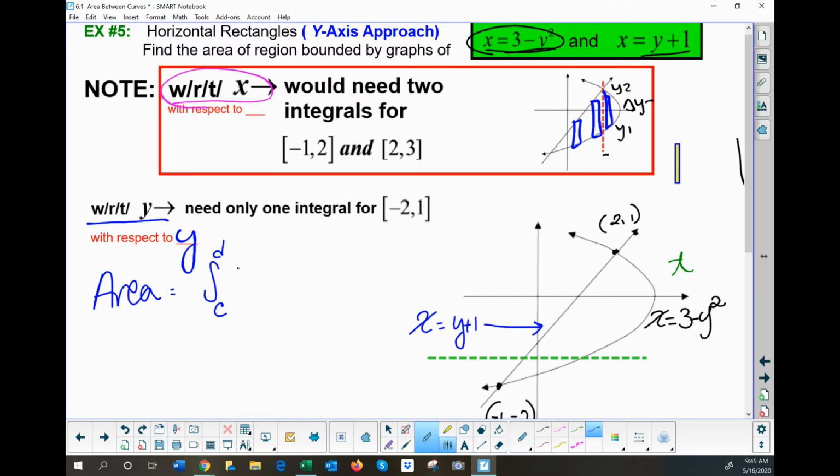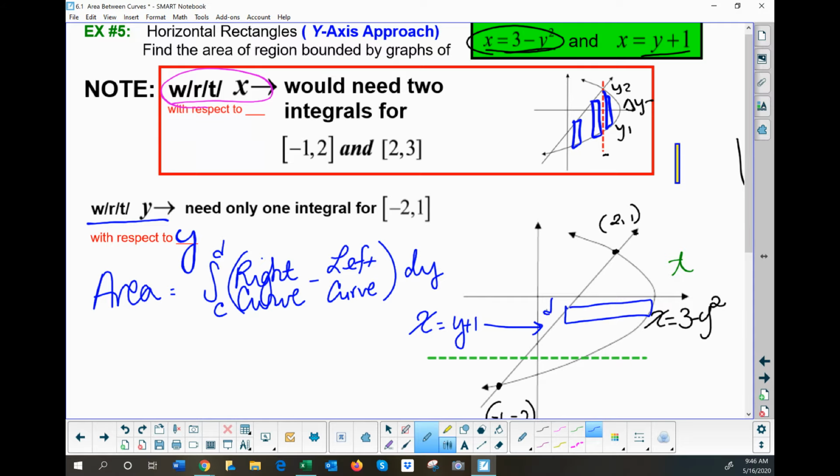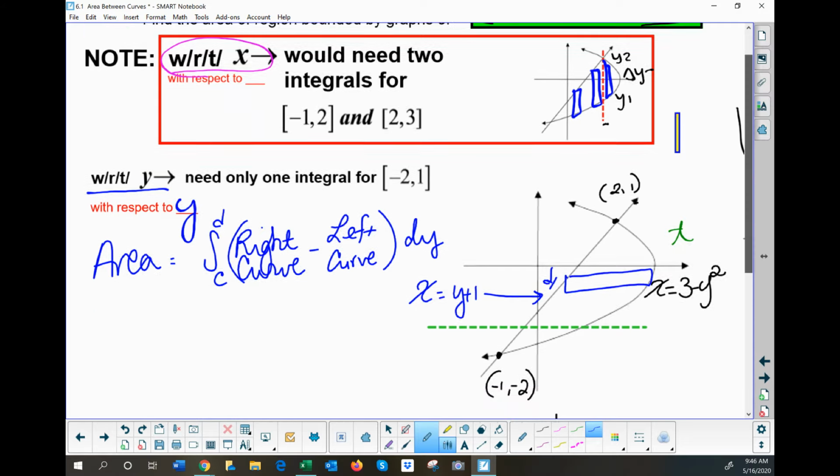Then I'm going to do the right function, or the right curve, minus the left curve. The thickness of our rectangle, remember, is a dy thickness. So let's go ahead and walk this one through.